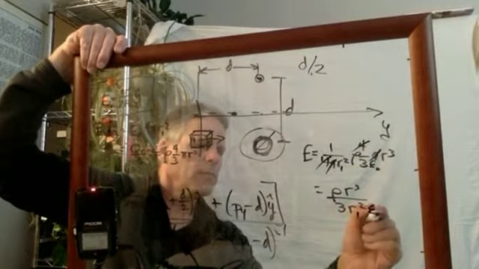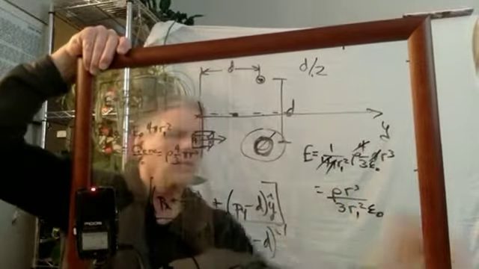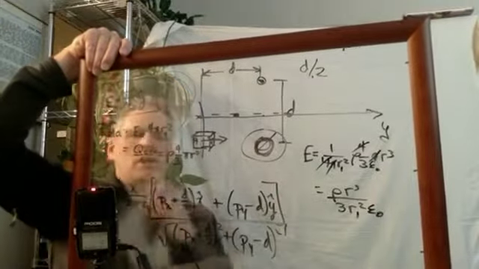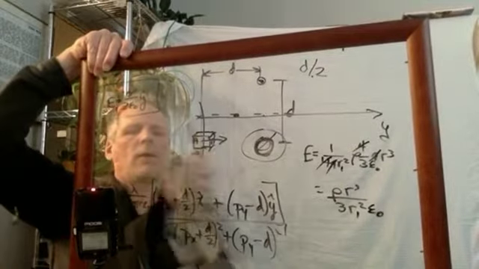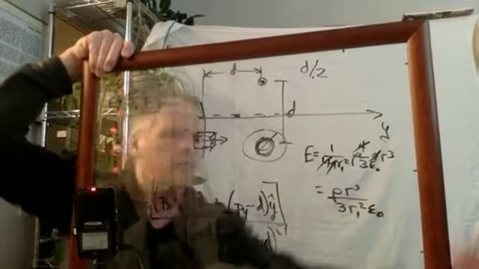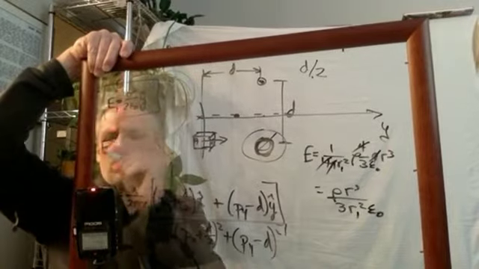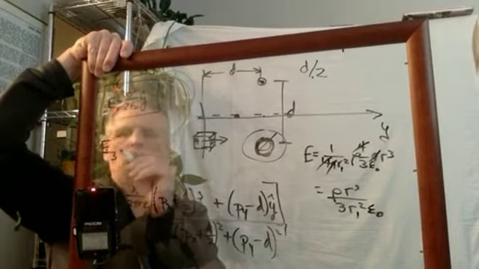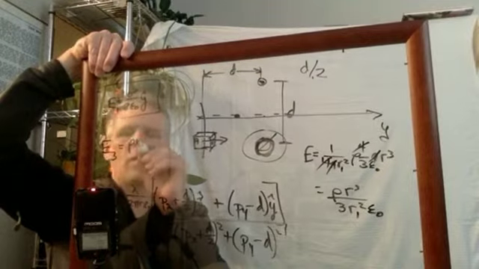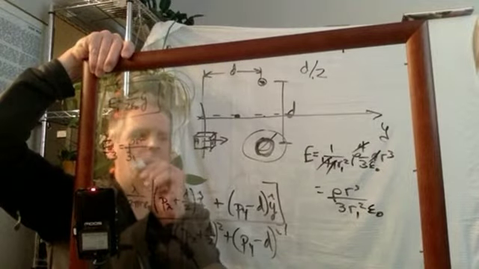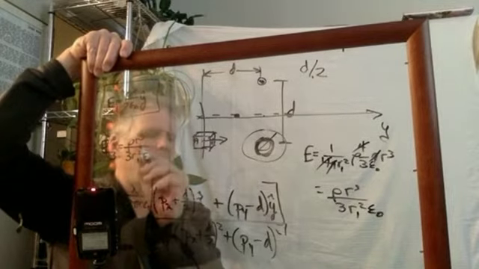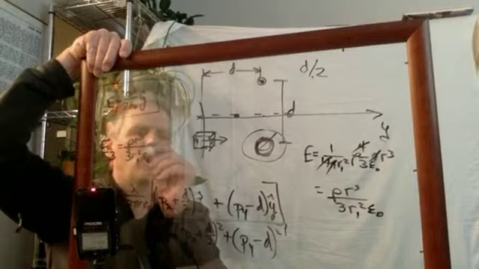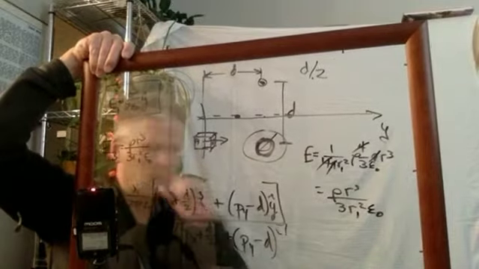So this is now the E of the sphere, E3, which is equal to rho r cubed over 3 r1 squared epsilon 0, where r is the radius of our sphere itself.